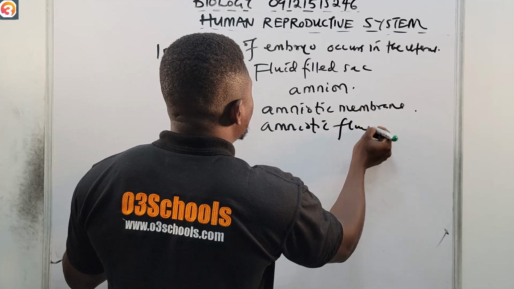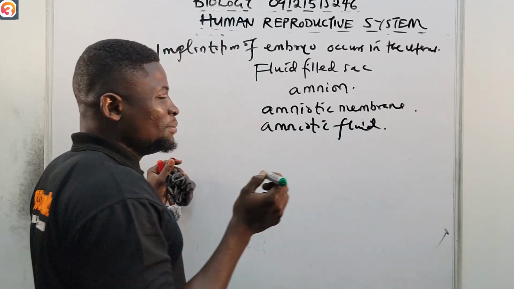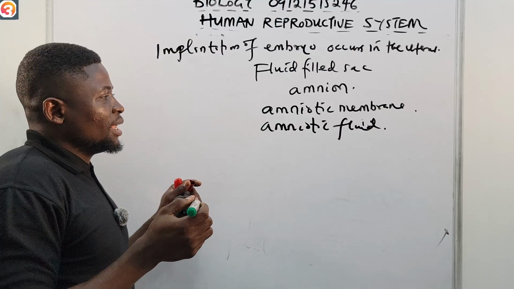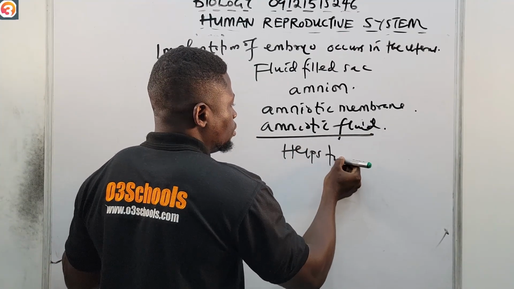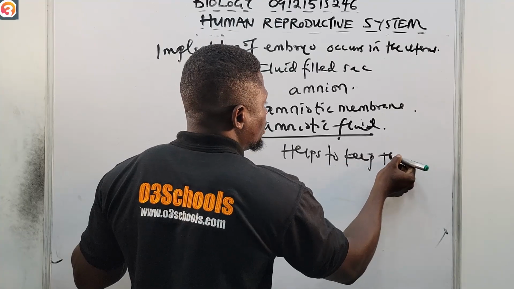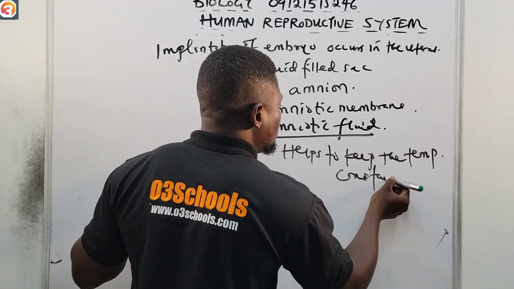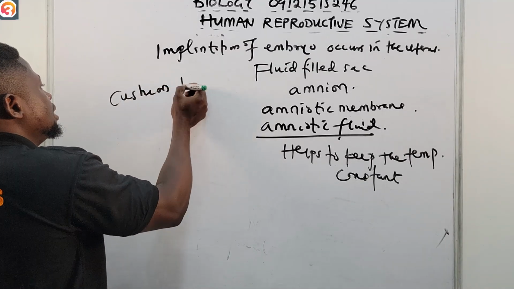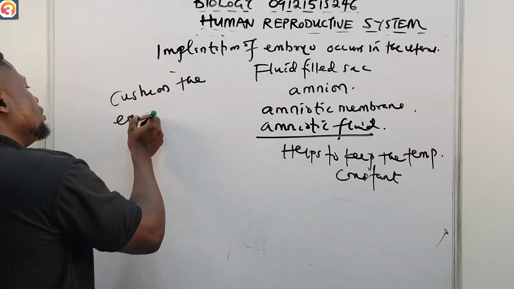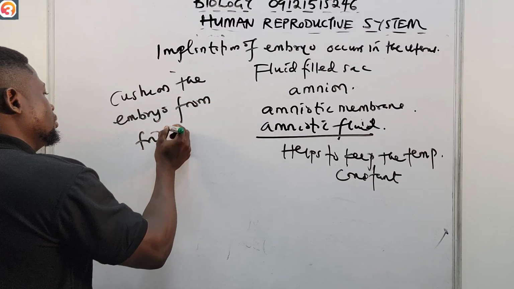We also have the amniotic fluid, which helps to keep the temperature constant, and also helps to cushion the embryo from friction.